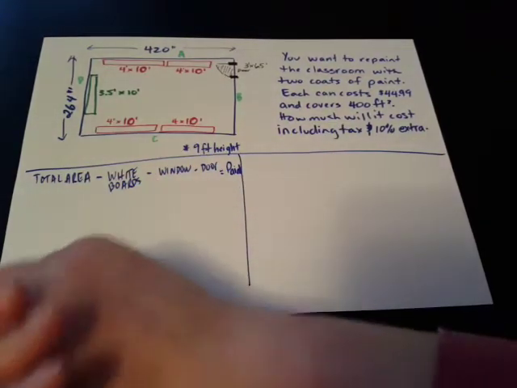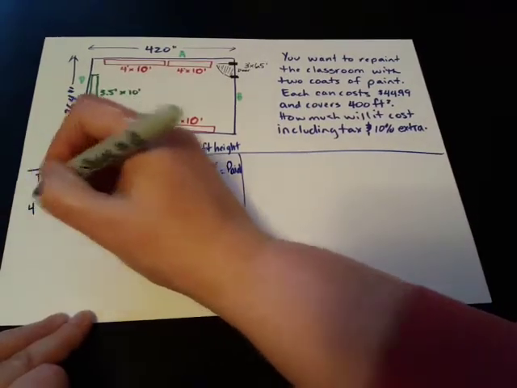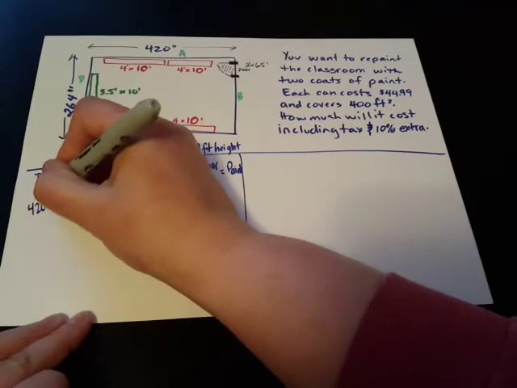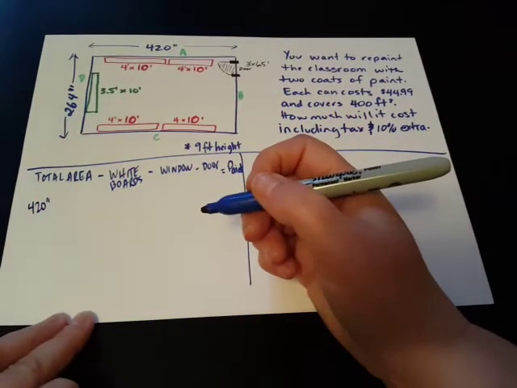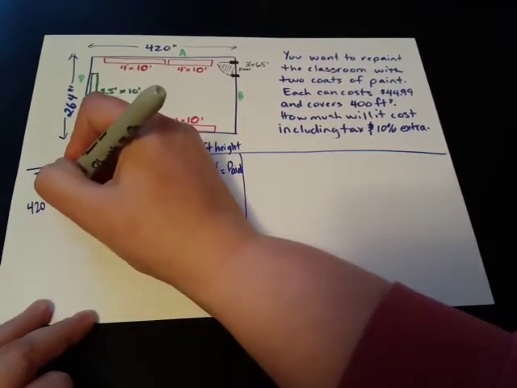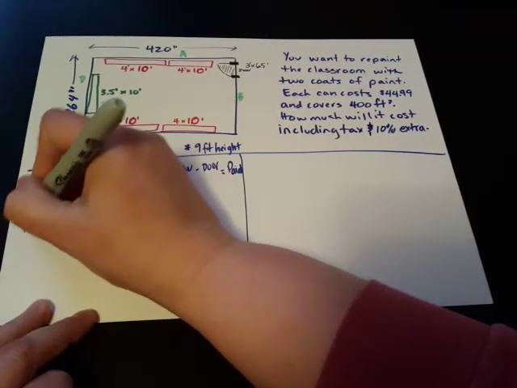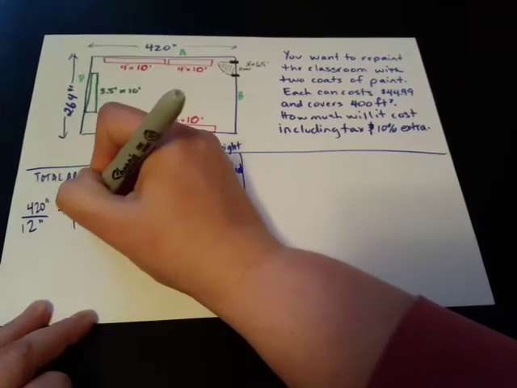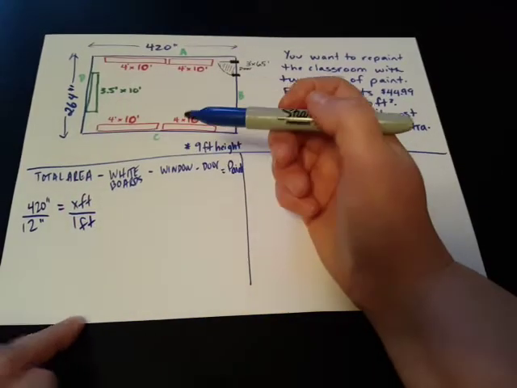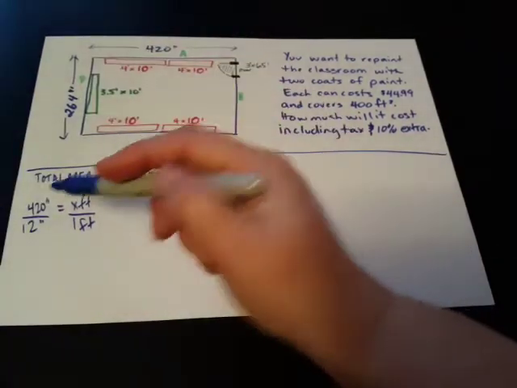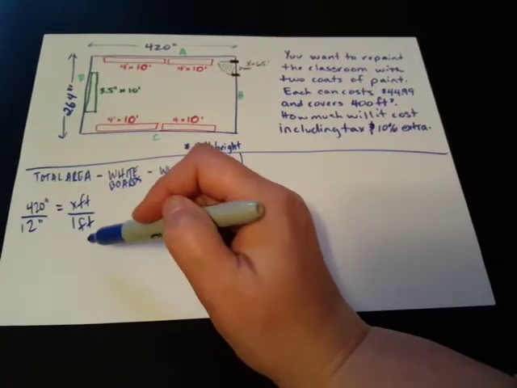So for 420 inches, the conversion is 12 inches to 1 foot. So again, when we're converting our units, we're going to go inches over inches, feet over feet.